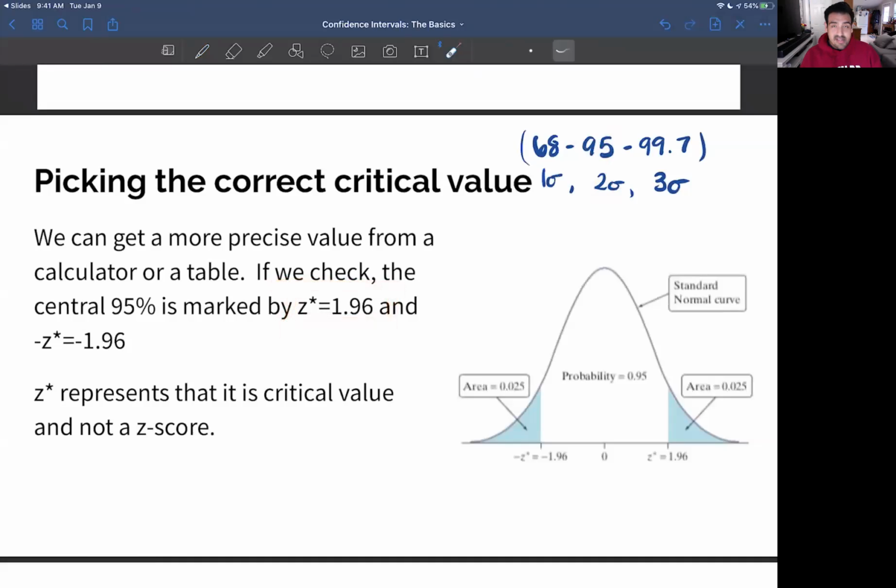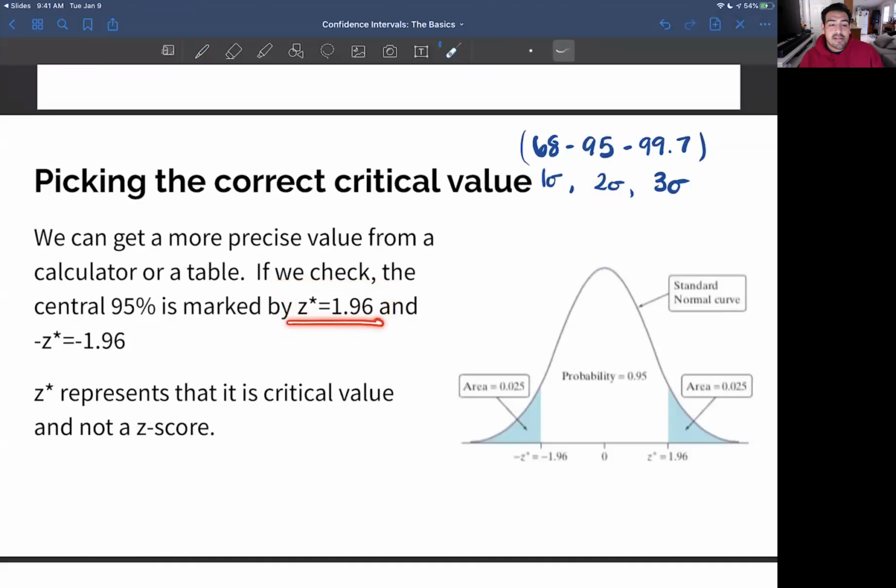This value, where is it coming from? It's coming from a table of values that you would find at the back of any statistics book. If you wanted to actually calculate the area under a normal distribution, this is something that we're just going to take at face value right now.